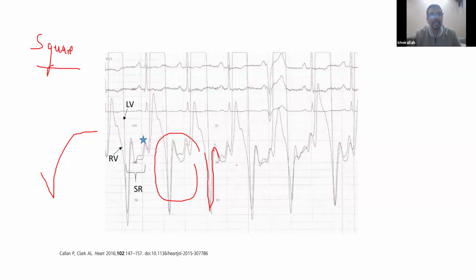What's the meaning of this? Why do we get this dip? Because of the Y descent. In constriction, we have that Y descent and very high diastolic pressure leading to this.